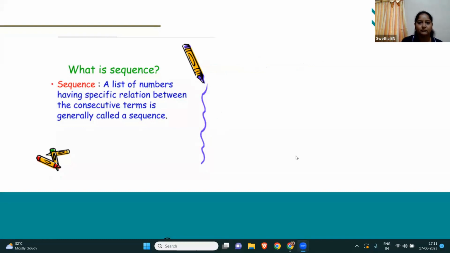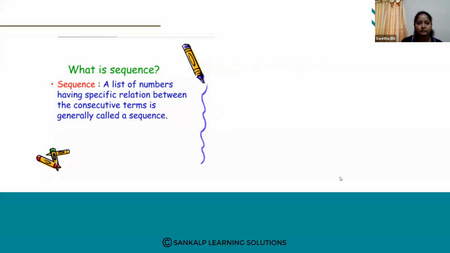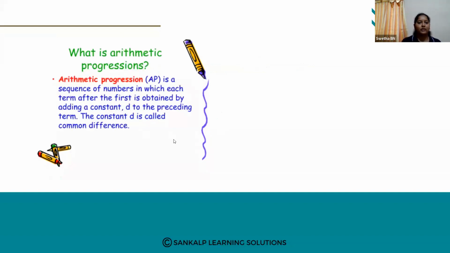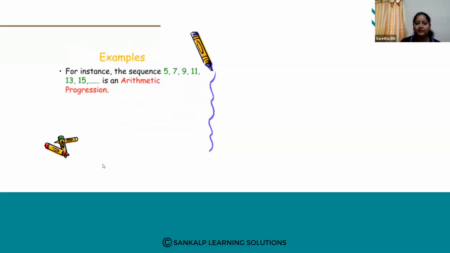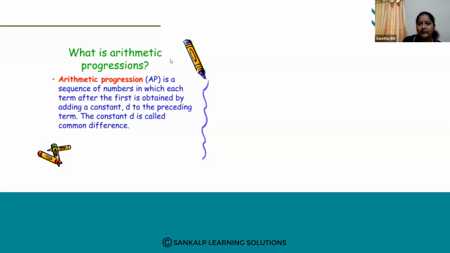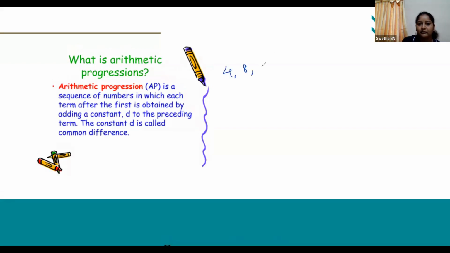Next one. So what is arithmetic progression? AP is nothing but arithmetic progression. It is a sequence of numbers, a list of numbers in which each term after the first is obtained by adding a constant to the preceding term. For example, 4, 8, and so on.